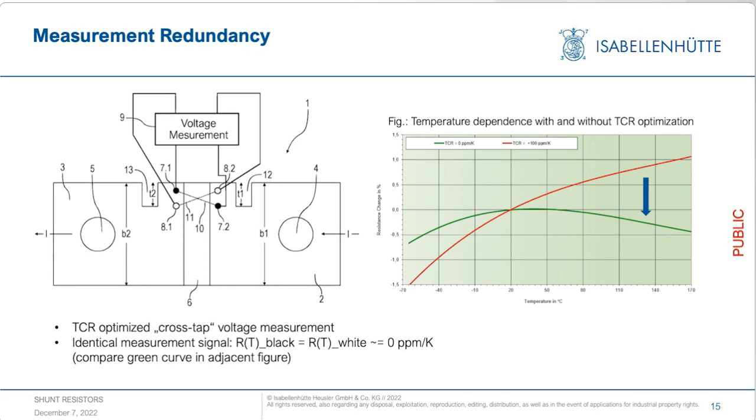Both pairs are compensated for TCR, and both pairs should measure the same values of voltage drop. So within one device, we are able to have a redundant measurement as well as a TCR compensated measurement.